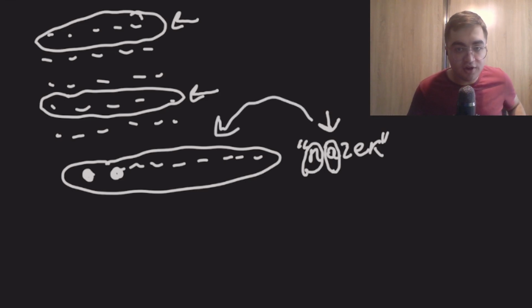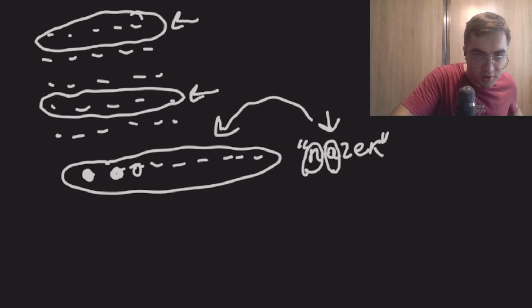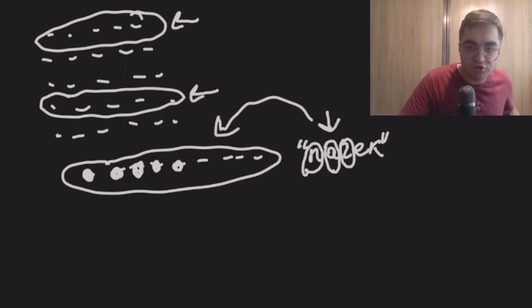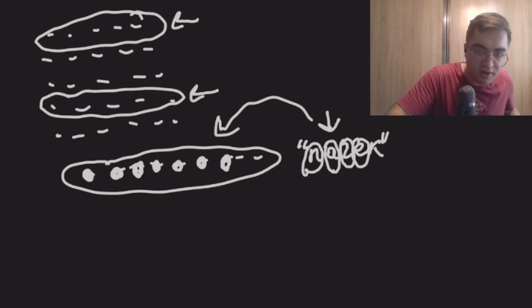After finding n, the player will go to the third one and see if this is a. If it's not, we'll move to the fourth. If this is not a as well, we'll move to the fifth. And let's say this is a, then you'll try to search for r. And let's say this is r, right next one is r. Then he moves to trying to find e. And once again, let's say the next one is e. Then he tries to look for k, and once again, let's say the next one is k.